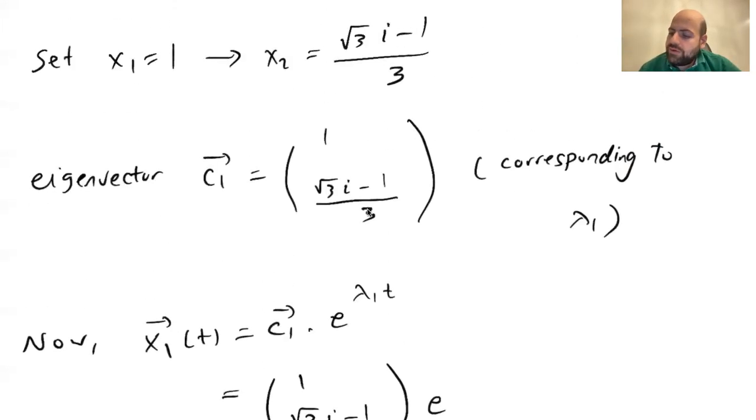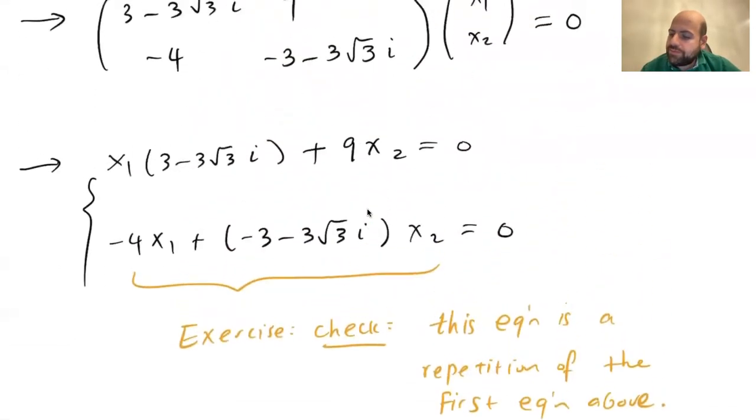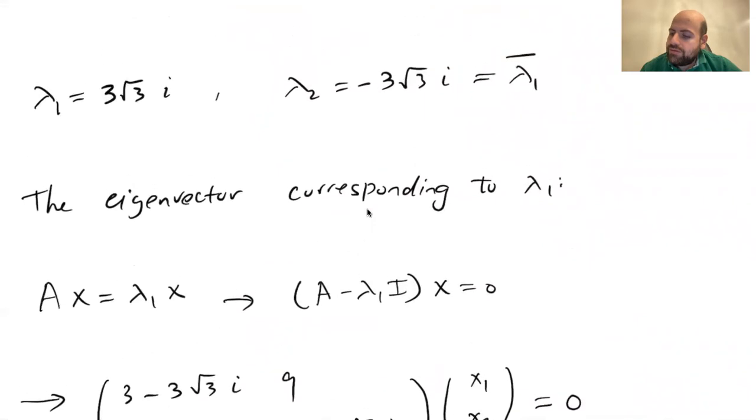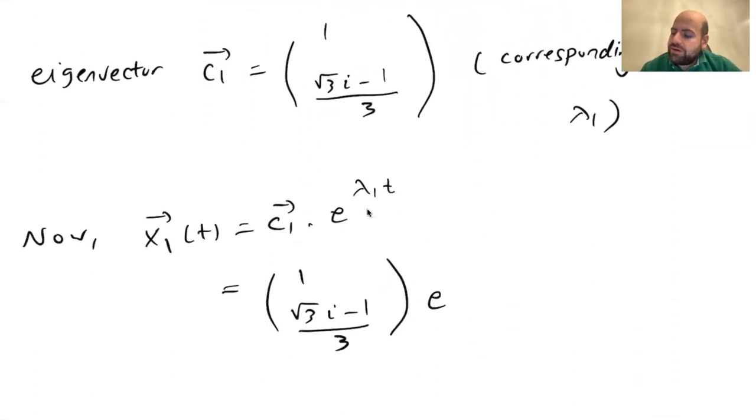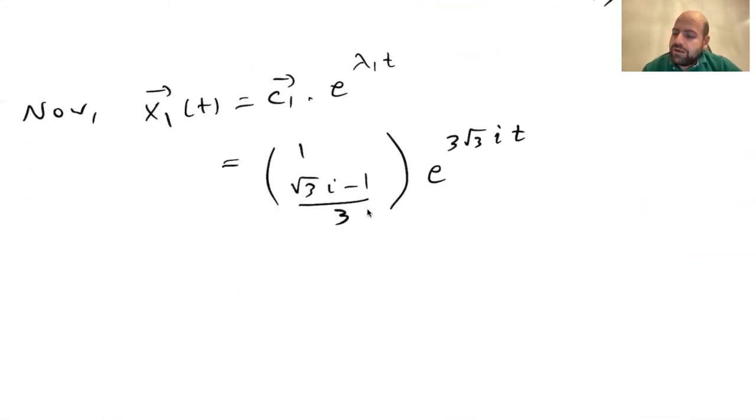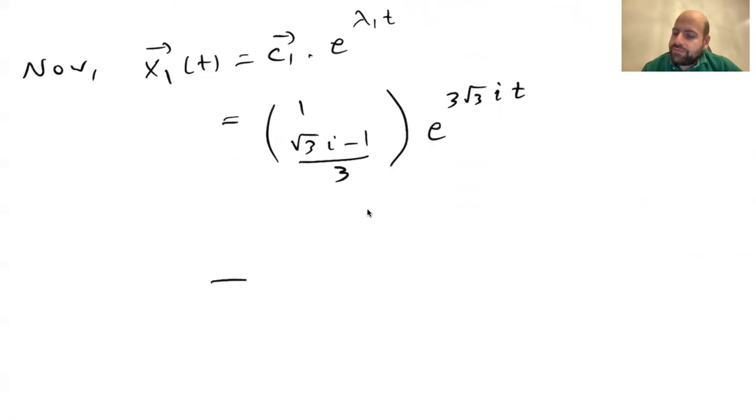And lambda 1 was 3 root 3i, so e to the power 3 root 3 i t. Now we know that e to the power i beta can be written as cos beta plus i sine beta.